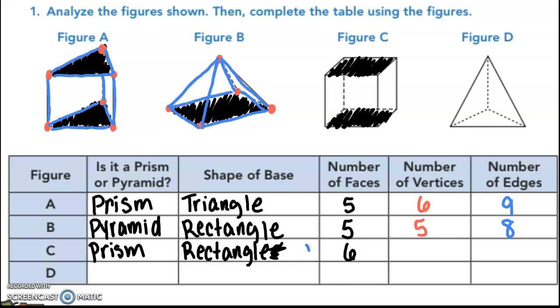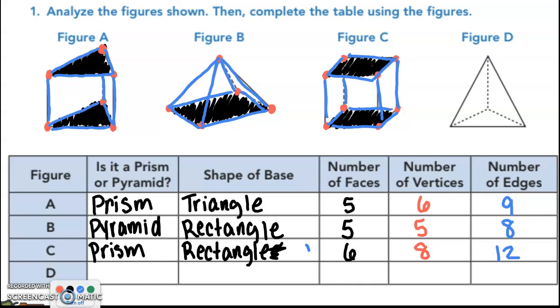My number of vertices, I just need to count them. So that's 1, 2, 3, 4, 5, 6, 7, 8 vertices. And then edges is 1, 2, 3, 4, 5, 6, 7, 8, 9, 10, 11, 12 edges.